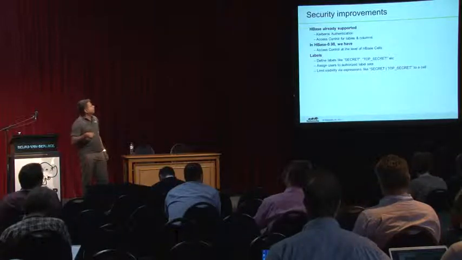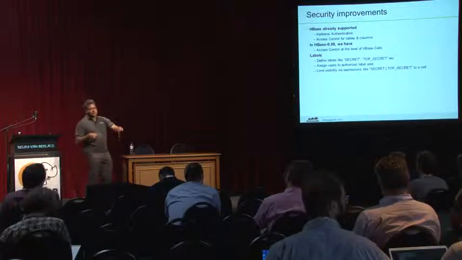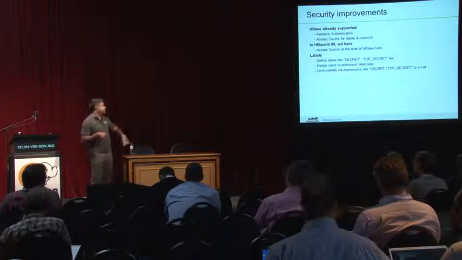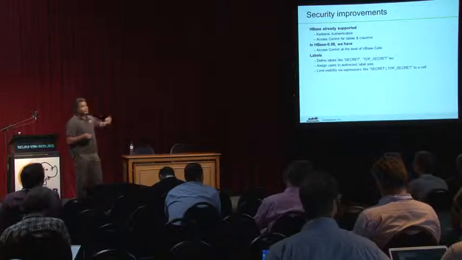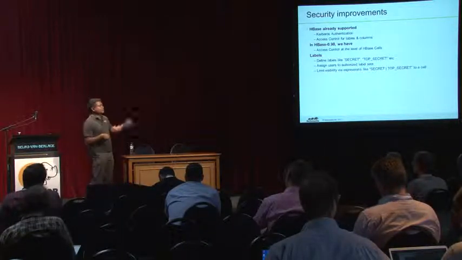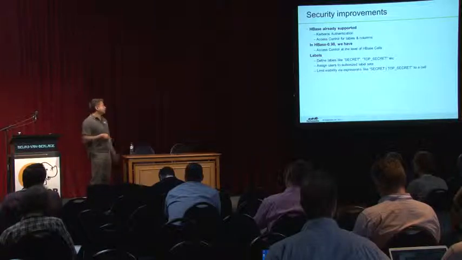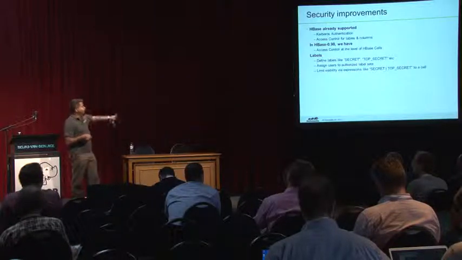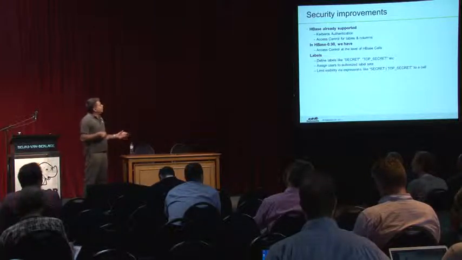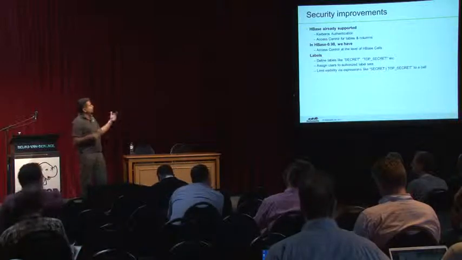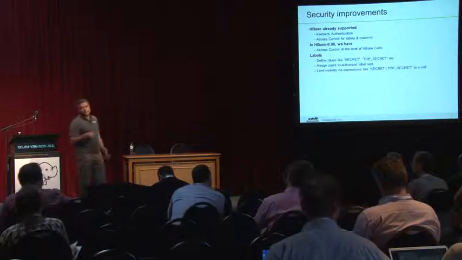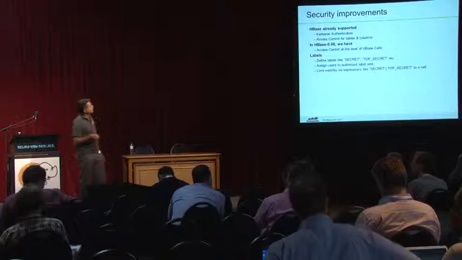And this gets stored in the HBase store files, so these are all persistent. And you can assign users to those authorization sets. You can create your own labels and assign users to those labels, and limit visibility via expressions like this. And it's all supported in 98.